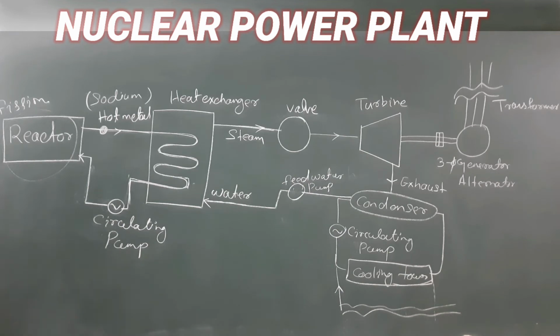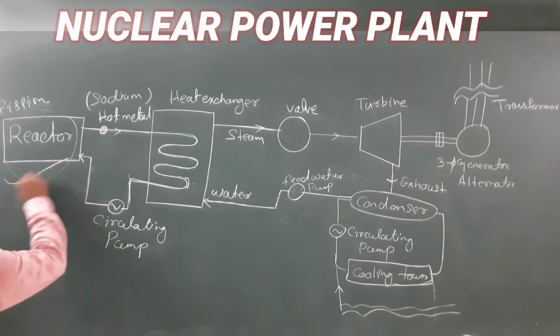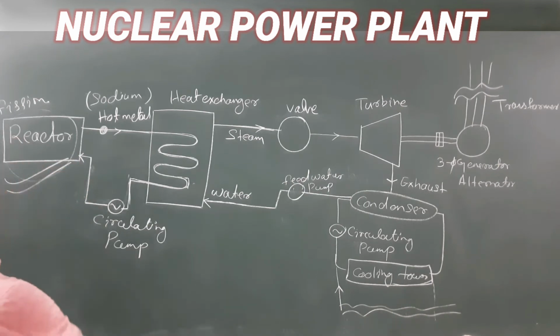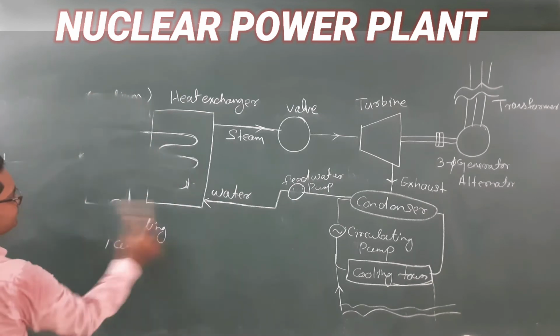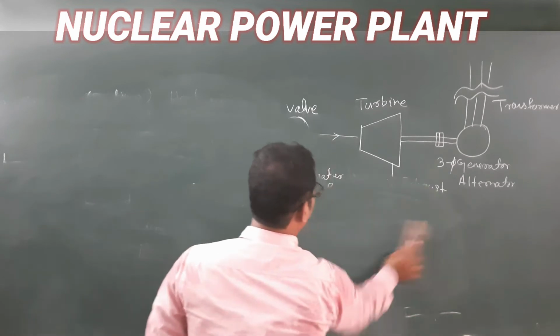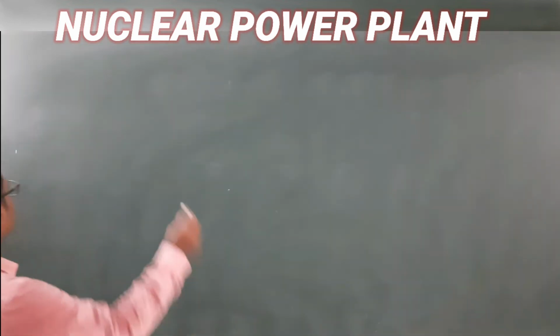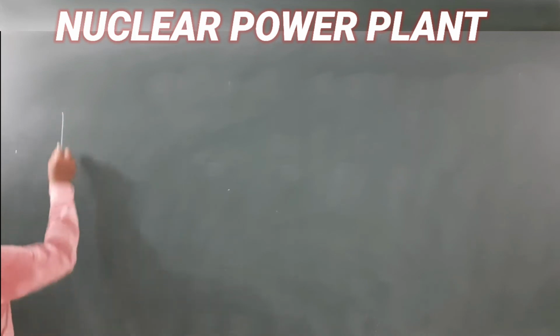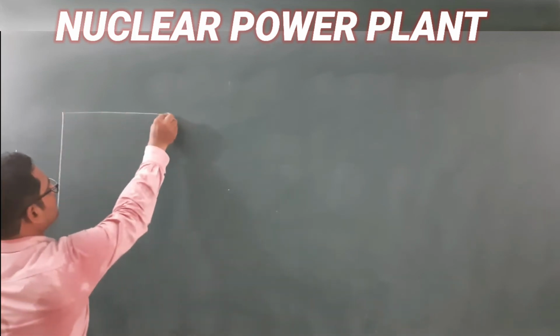But the main part of a power plant is the reactor. How the reactor operates and how the reaction takes place, look here. In the reactor, whatever fission reaction takes place, takes place here.